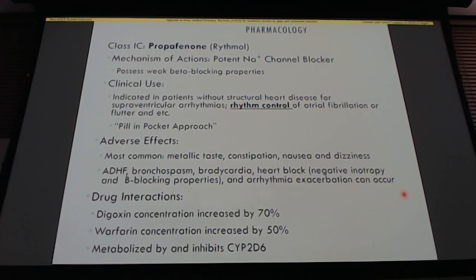I don't need you to remember the percentage, I just want you to know what's happening with that concentration, okay? So your digoxin is going up, your warfarin is going up, so now I have a higher chance of bleeding with my warfarin concentrations going up, and then I have my interactions with all my CYPs. Don't remember the percentages, I just want you to know which drugs are interacting.